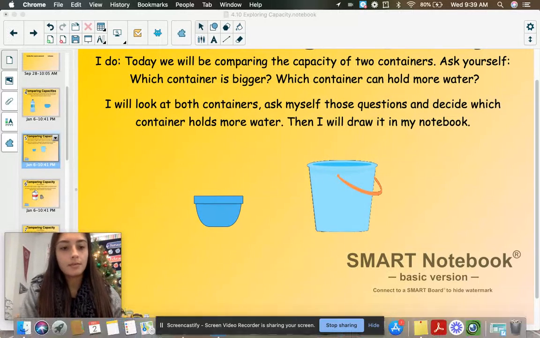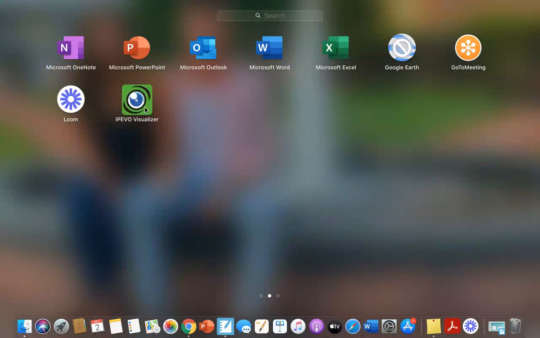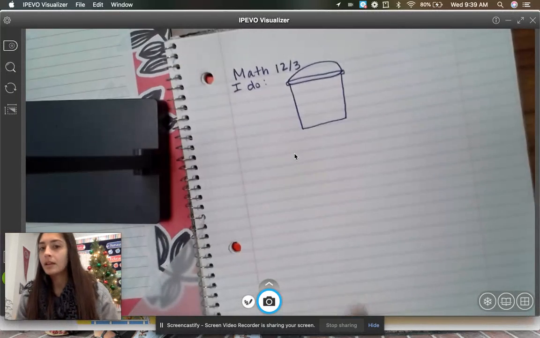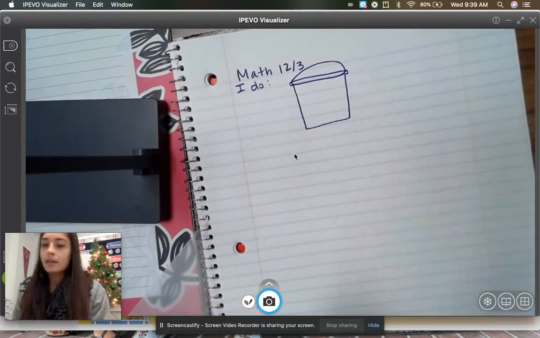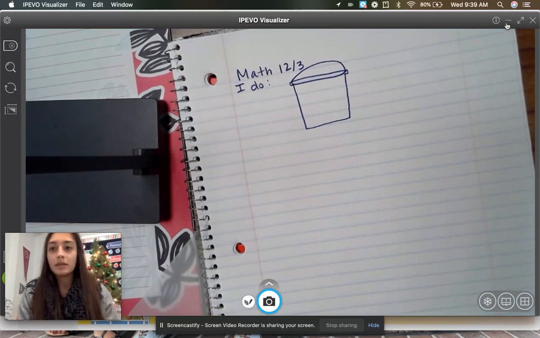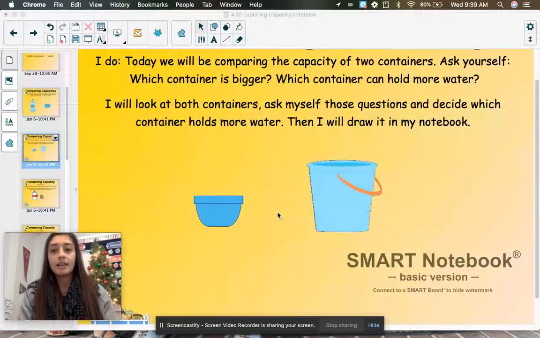Let's try it again. Maybe it'll pop open. There we go. So I drew the big sand container or the big sand bucket because that one is going to hold more than the bowl would.